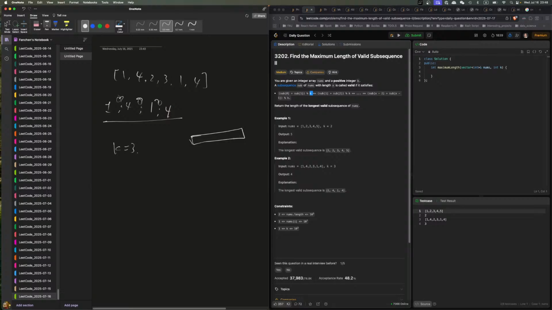If that is the case, then longest valid subsequence. Maybe we need to DP this.